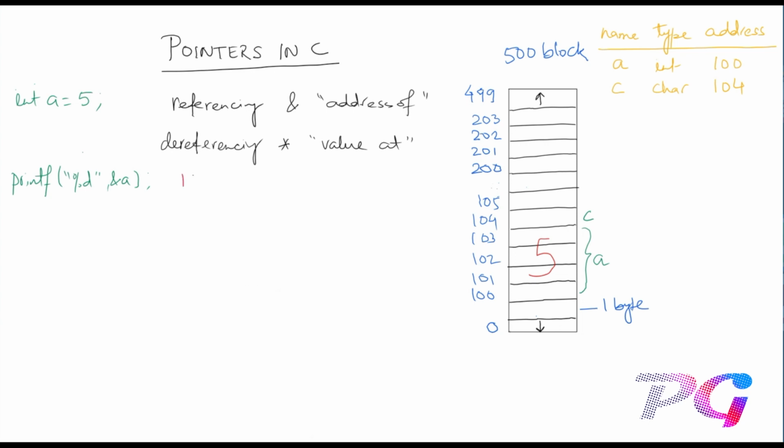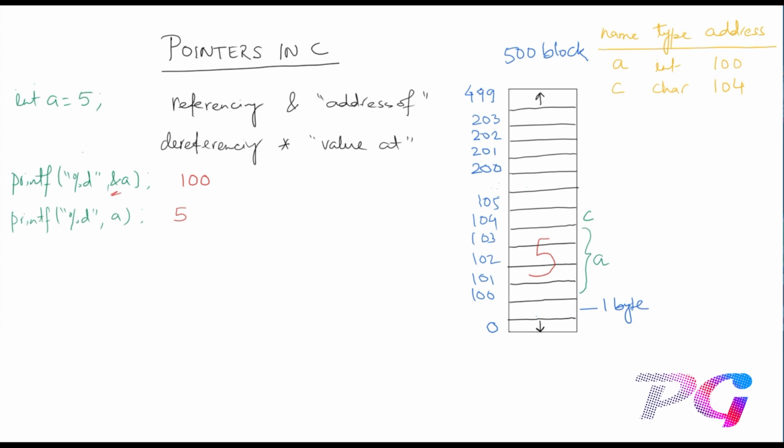It should print 100, because in this case the address of a is 100. This ampersand tells the compiler that it is the address of the variable a. And obviously we can get the value by simply printing the variable name. When we execute this, it will print 5 because the value of a is 5.